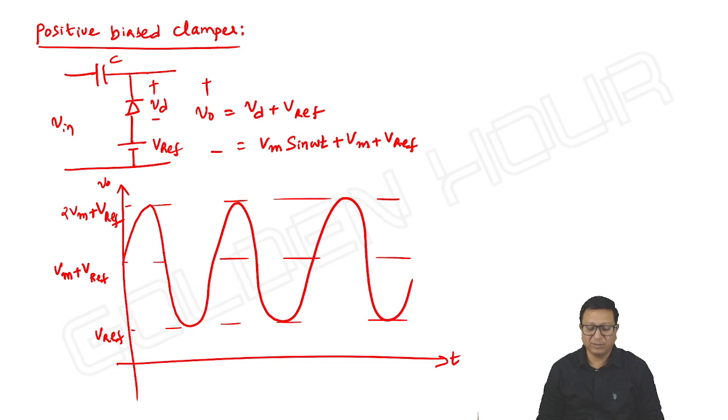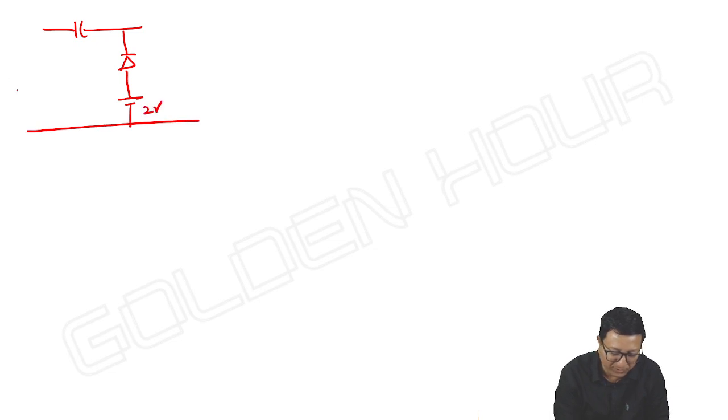Okay, let us have a look at how these things are coming. Writing the answers is very simple, but if you see the analysis, you will understand how many typical points are involved in this. See that. Just as an example, I am taking here a reference voltage of 2 volts and input is 5 sin omega t.